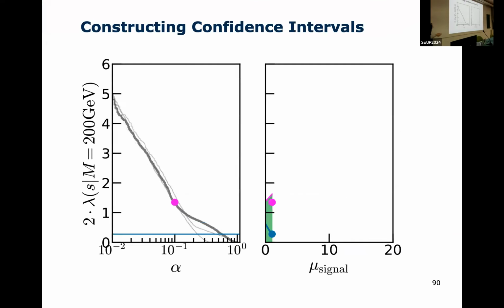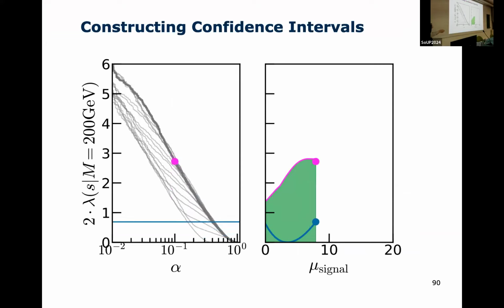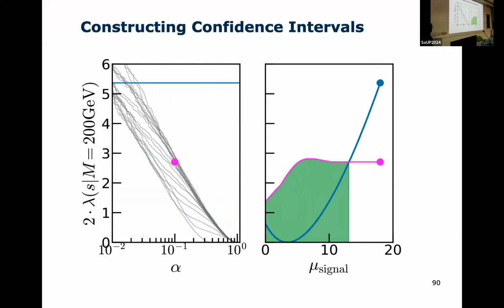Right, which is here. These are the curves for where 90% of the log likelihood ratio is for these different hypotheses, right? So this is the threshold for 90% of each of these hypotheses' log likelihood ratio distribution.